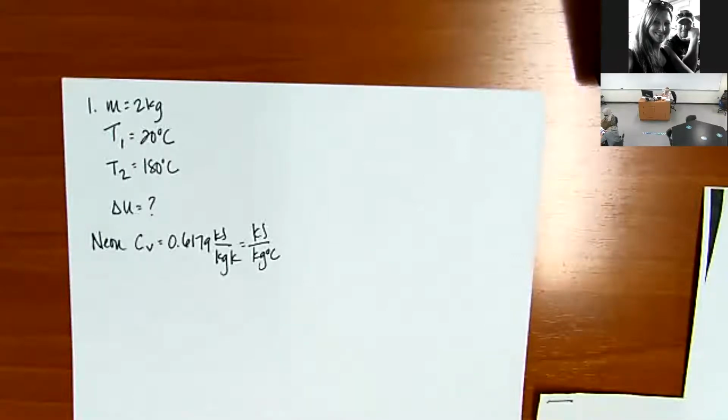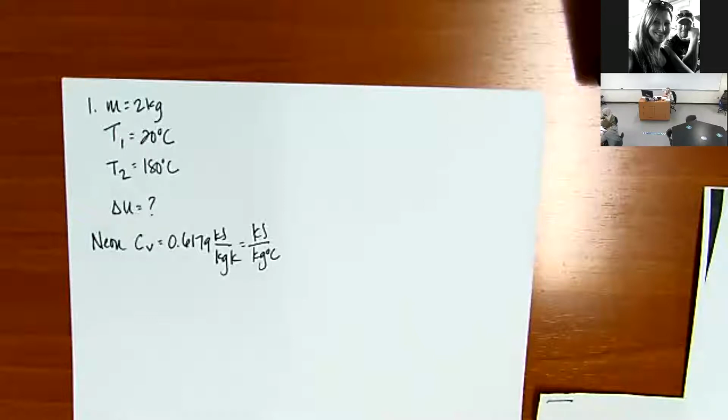The reason that I am using my C sub V instead of my C sub P is that I'm not told in this question if I have a constant pressure or a constant volume. I am making an assumption here that I more likely have a constant volume, since I can assume that this neon is in some sort of container.